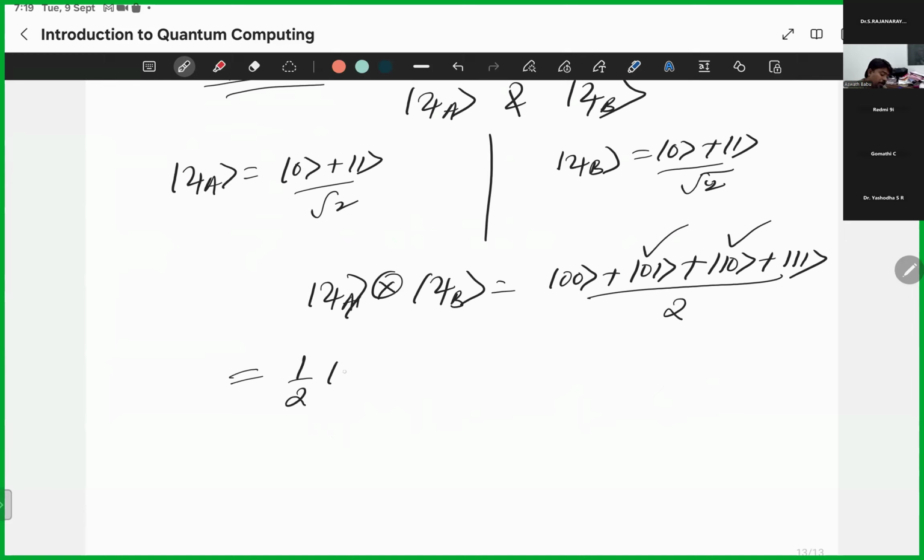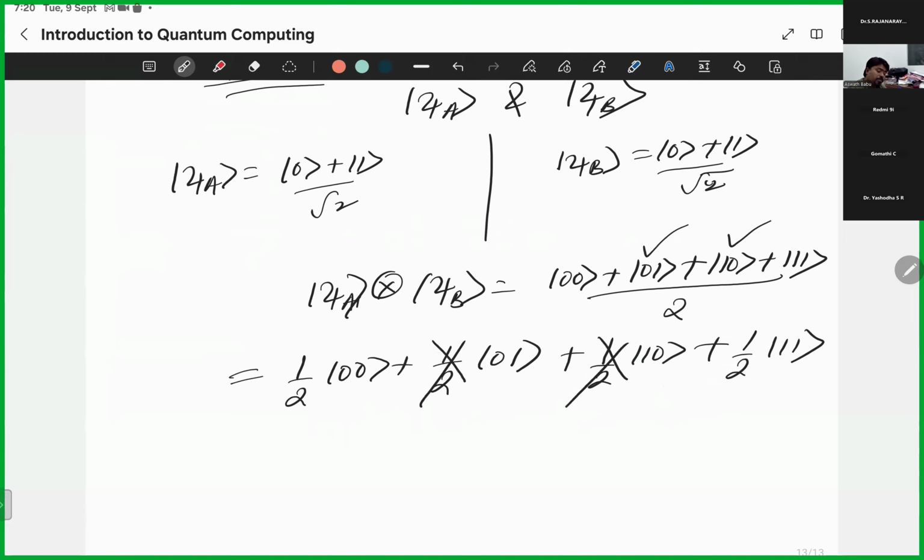Let's say the probability amplitudes exist like this. Somehow I reduce the probability amplitude of these two to 0 and increase the probability amplitude of the other two to higher values. Then I am going to get 0,0 plus 1,1 divided by square root of 2.